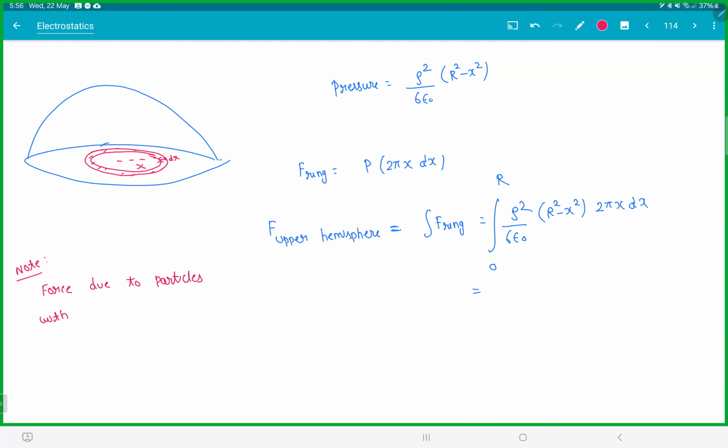Because they're internal forces. So you can find the net force on this disk, which will be the force between upper and lower hemisphere. Because force due to particles within the upper hemisphere become internal forces. And when you take the integral, the internal forces also will add up and they'll cancel out.